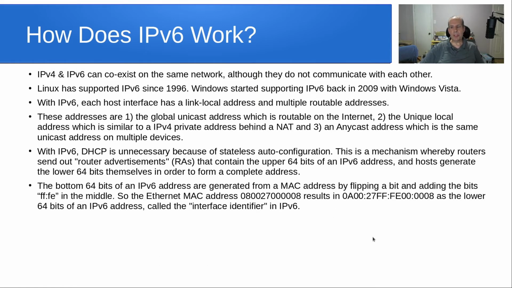So the bottom 64 bits of an IPv6 address are generated from the MAC address, the hardware address of the machine connecting to it, by flipping a bit and adding the bits FF and FE in the middle.